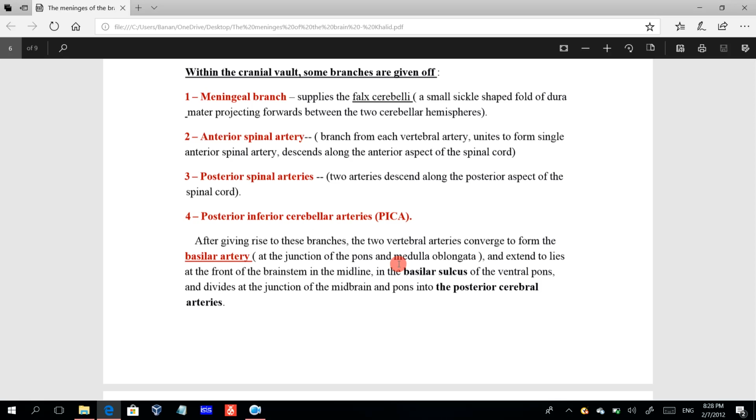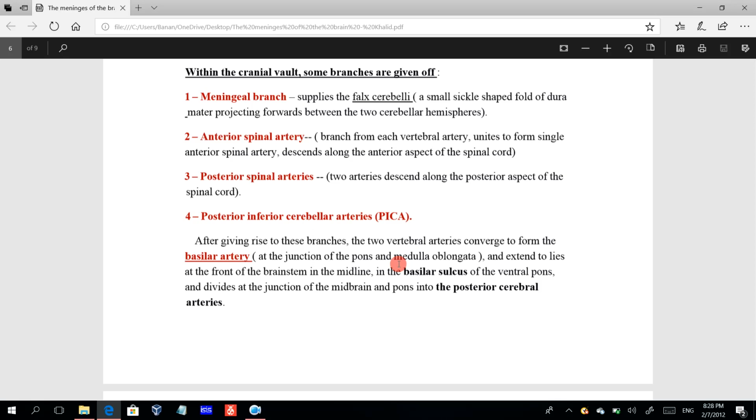If you remember the models in the laboratory, we have the cerebrum, and below the cerebrum we have the midbrain, then the pons, then the medulla oblongata, and the continuation of the medulla oblongata is the spinal cord. At the ventral aspect of the pons, we have a sulcus called the basilar sulcus.